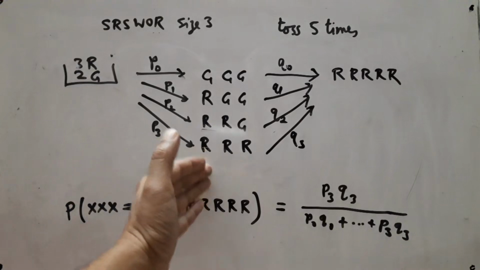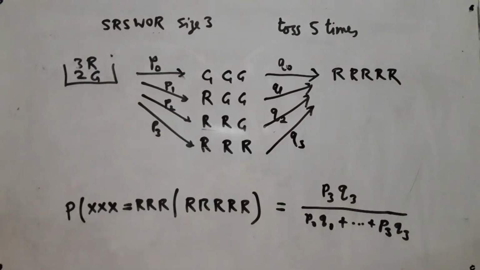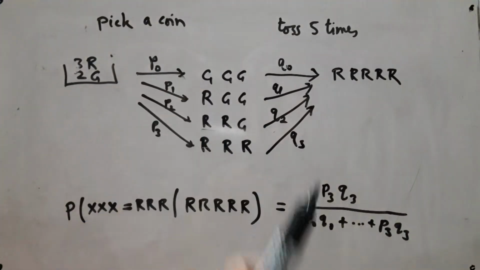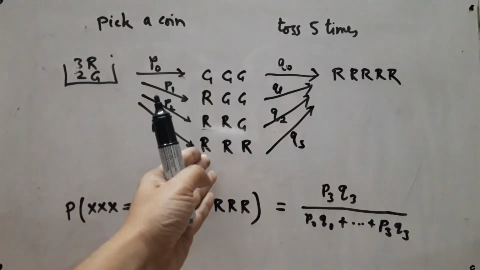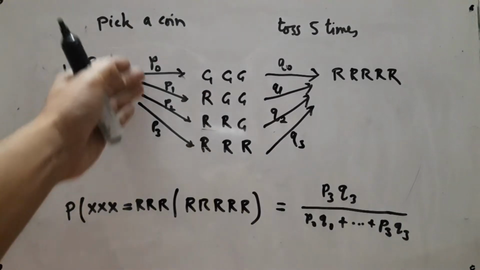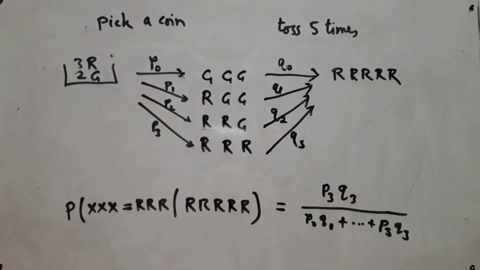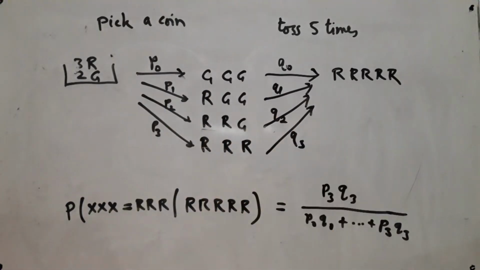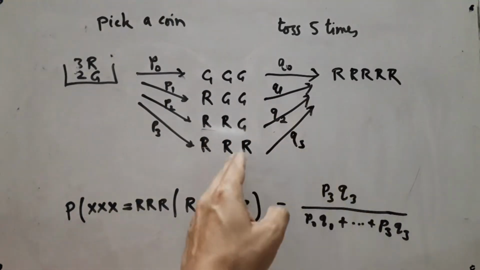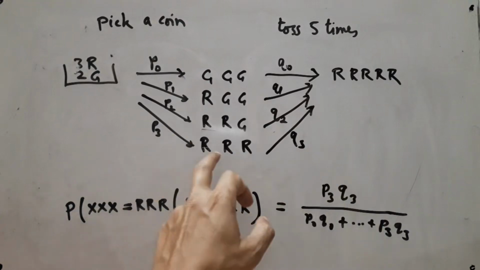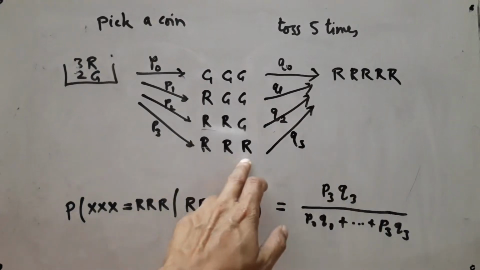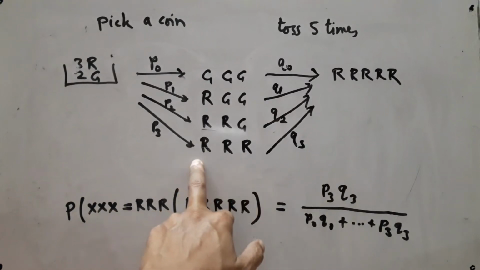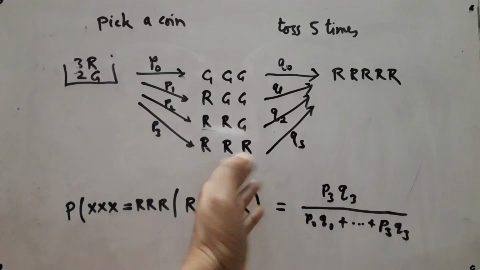So as if I am picking one coin at random. So I have 4 different types of coins and I am picking one at random, not equally likely but with certain probabilities. Then I am tossing it 5 times, and based on that I am trying to find out the chance that the coin that I picked had head on both sides, because this corresponds to a coin which will only produce head, as there is no G here.